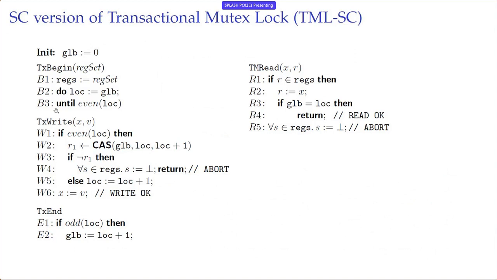It's based on a library. It's got a begin operation, a write operation, an end operation, and a read operation, and so forth. I won't go into the details of all of this, but it guarantees the behavior that I showed you before. It guarantees opacity. Well, in fact, it guarantees TMS2, which then guarantees opacity.